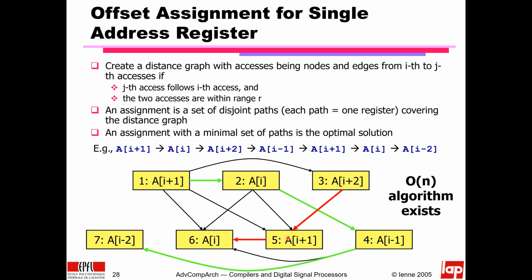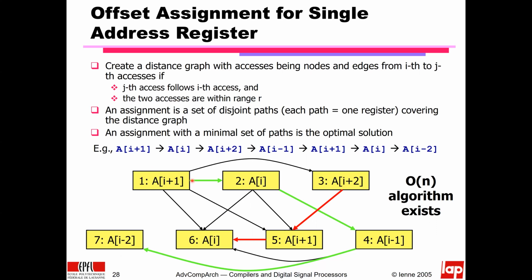You see the idea. So there is an edge for everything that can be done by the address register with auto-increment and auto-decrement, and therefore the idea is to find the minimum number of paths that cover completely this graph. So in this case, you see the solution here.